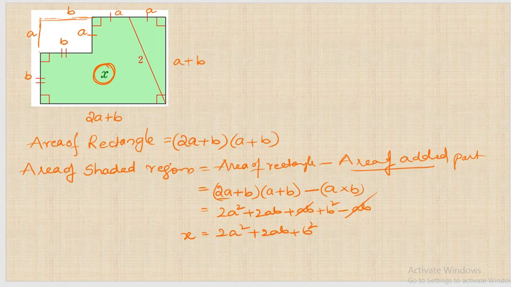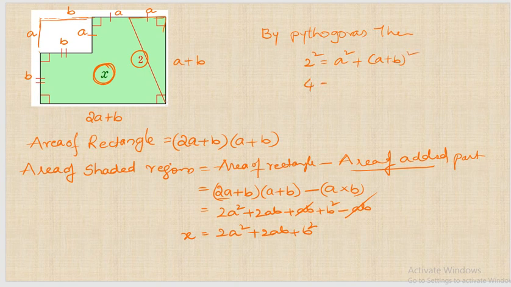But I need to find the area, and here I have been given the value 2. Now if you observe this particular figure, it is a right angled triangle. So by using the Pythagoras theorem, 2 square is equal to leg square plus leg square, which is a square plus a plus b whole square.